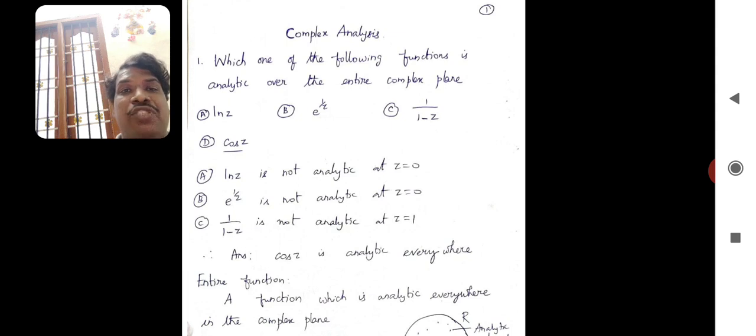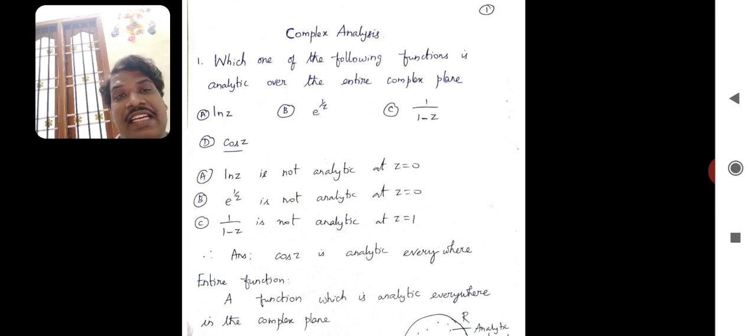Coming to the second option, option B, e power 1 by z. Again, take the function e power 1 by z and differentiate with respect to z. You get e power 1 by z into minus 1 by z square. Again, at the point z equal to 0, the derivative does not exist.